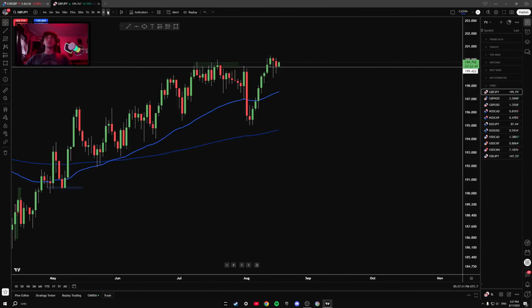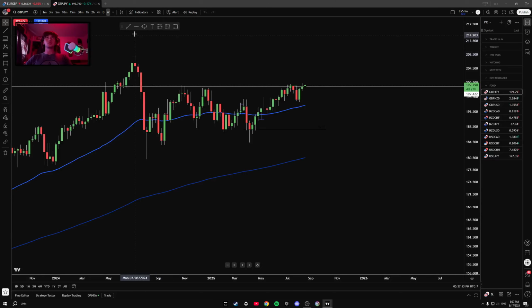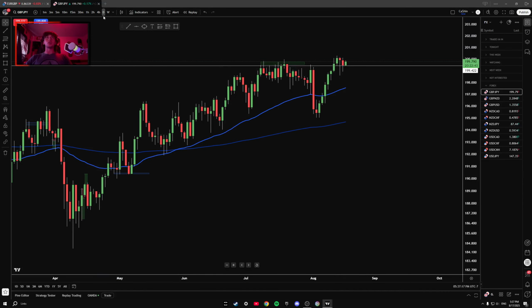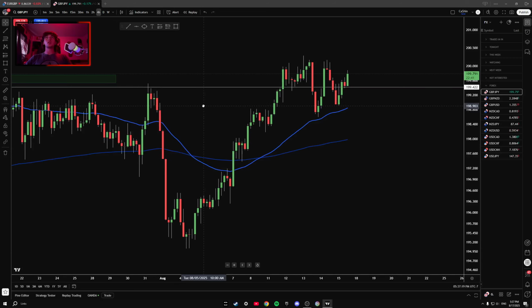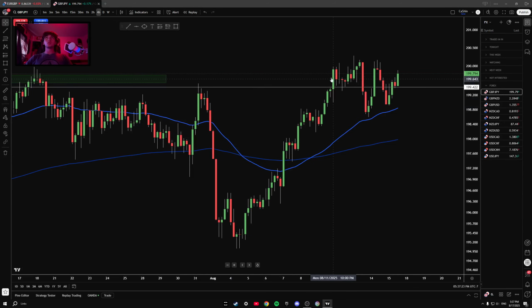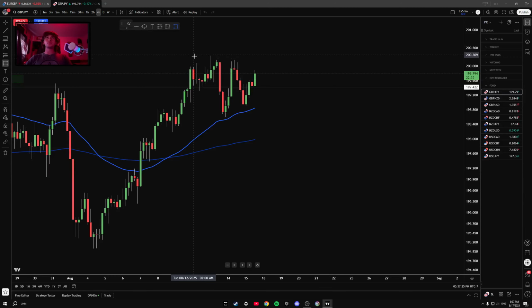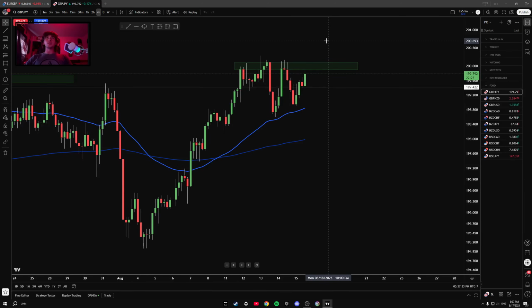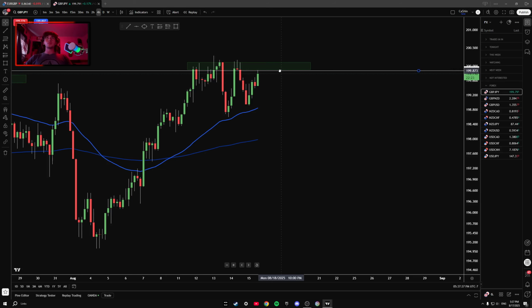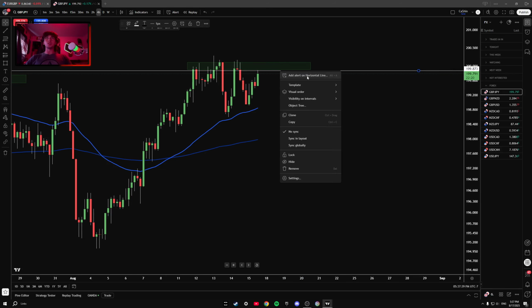GBP JPY. Area of interest right here. Might be a little good day trade.